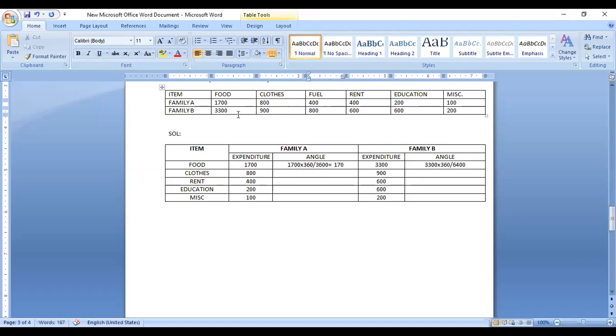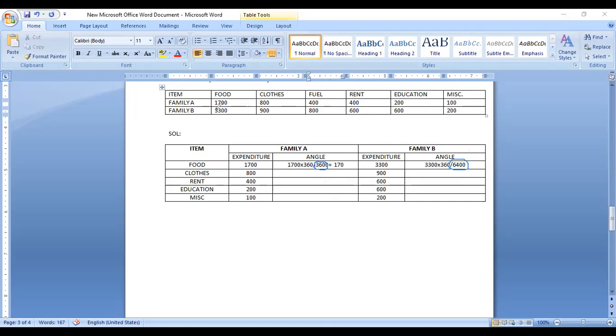Now you can see the total: 1700 plus 800 is 2500, plus 400 is 2900, plus 400 is 3300, plus 200 is 3500, plus 100, 3600 came. So that is why I have taken 3600 here. For each component you have to take 3600. Similarly 6500 here, it is the total of all these.